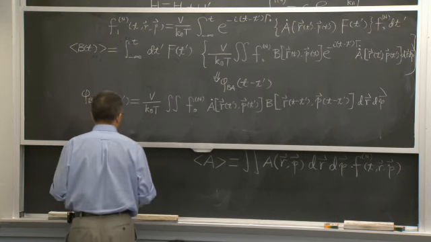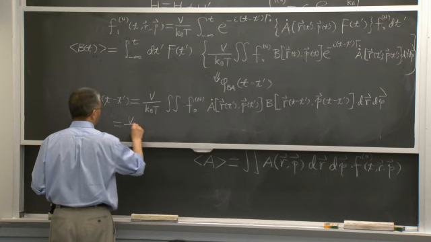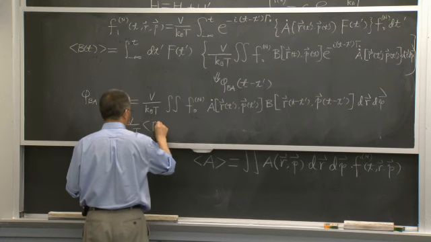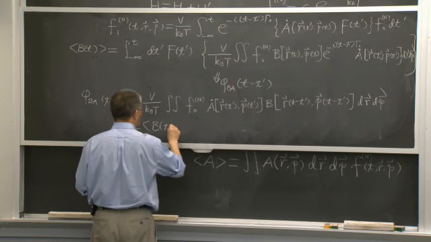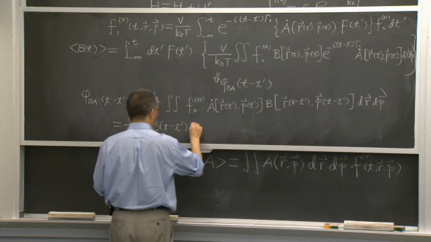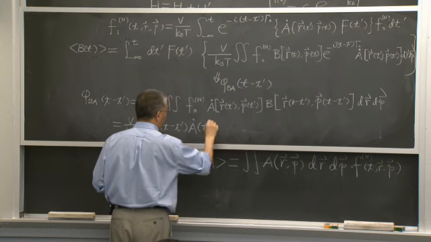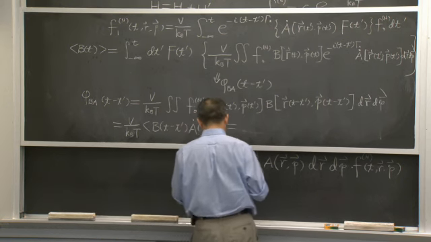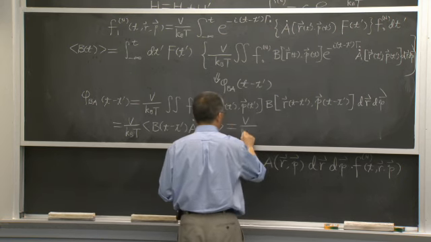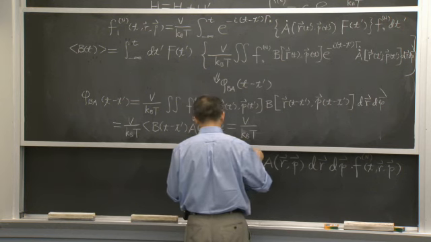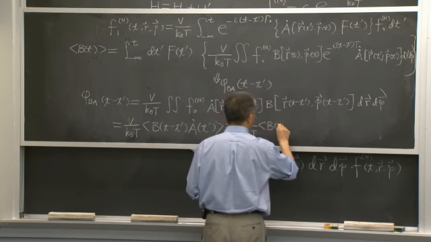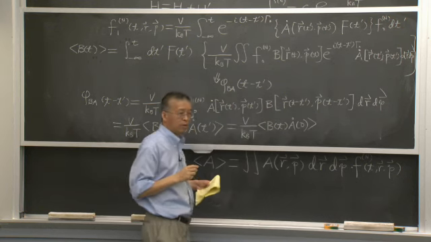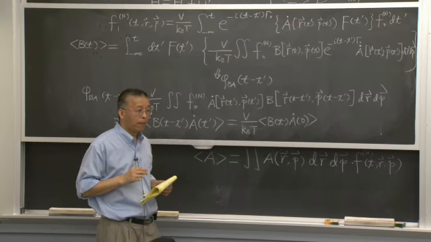So we could write this as V over kBT, the ensemble average of the quantity at T minus T prime and the quantity at the T prime derivative. And this time origin is not important, so you can write B at T and A at whatever origin you choose, time is 0.